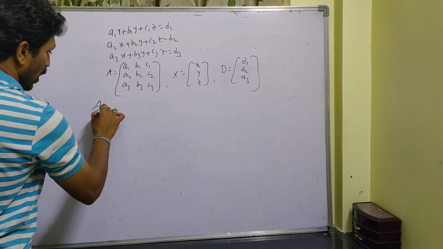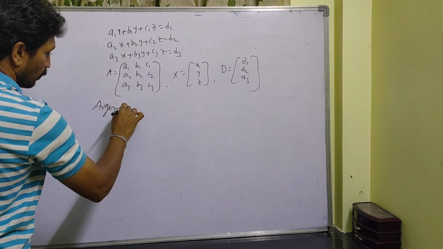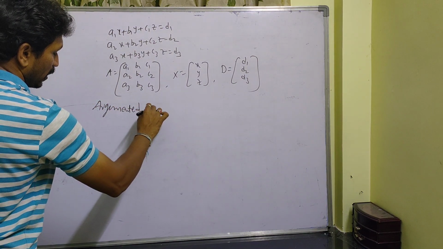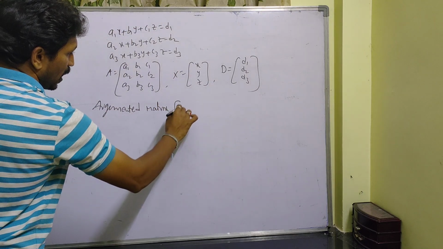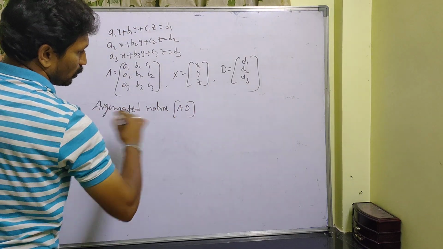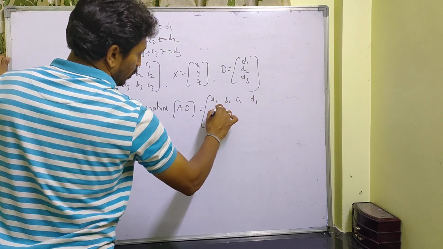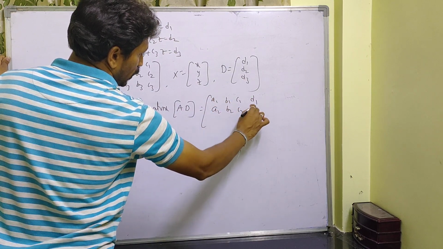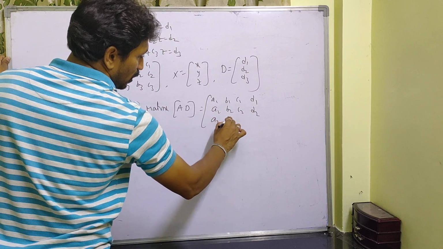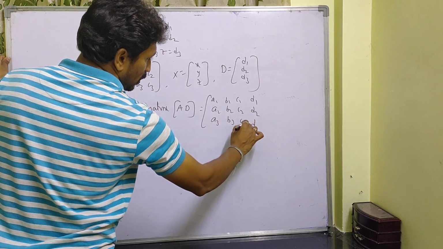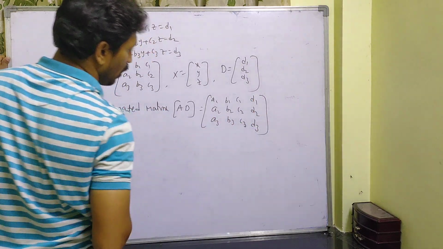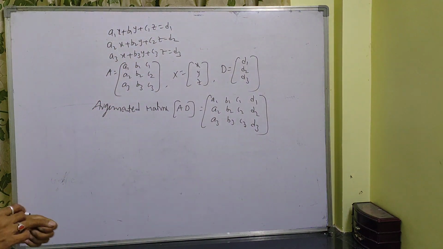Now the augmented matrix AD is nothing but a1, b1, c1, d1, a2, b2, c2, d2, a3, b3, c3, d3.